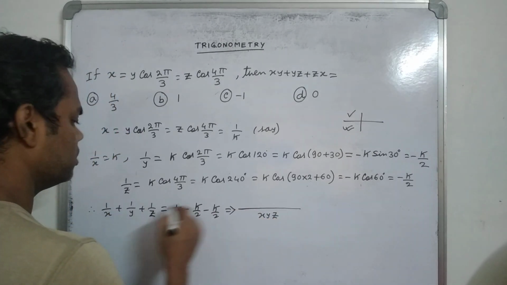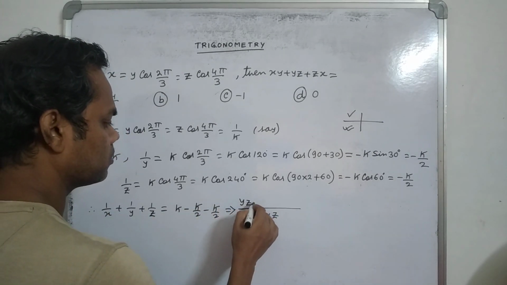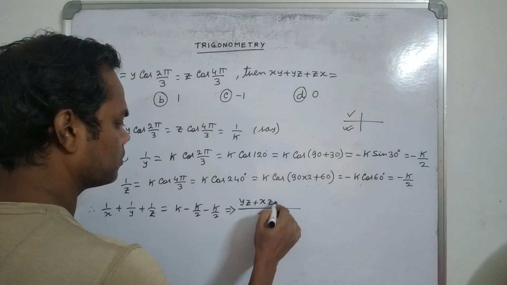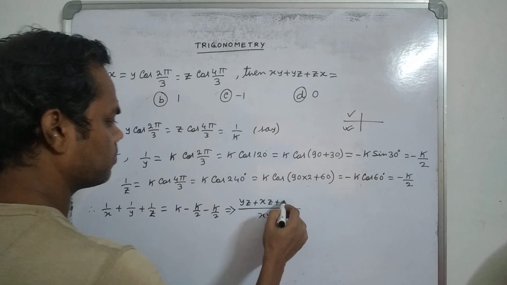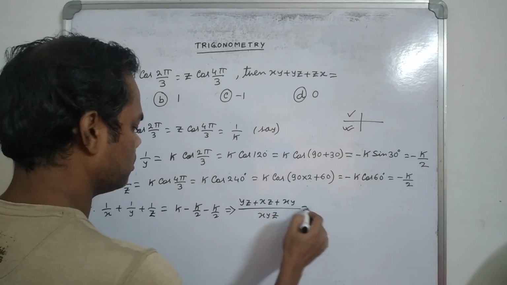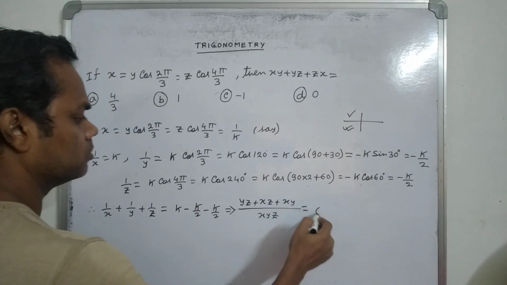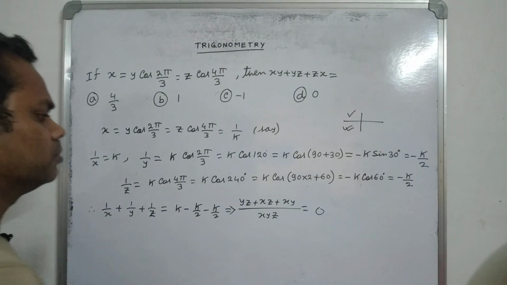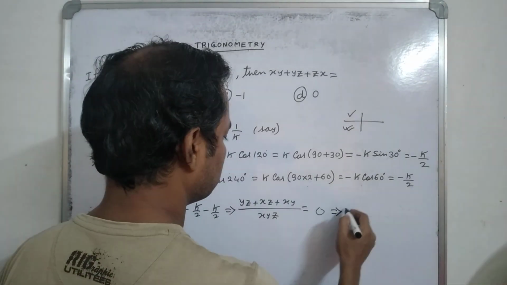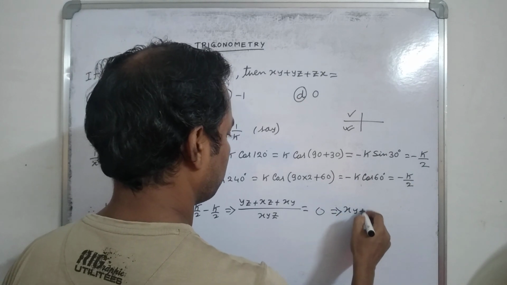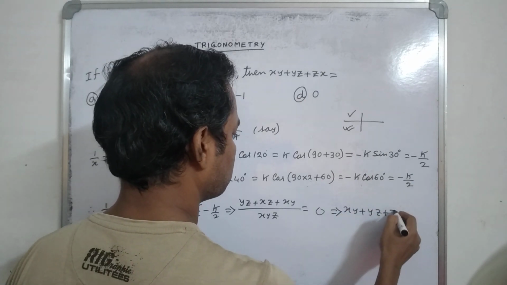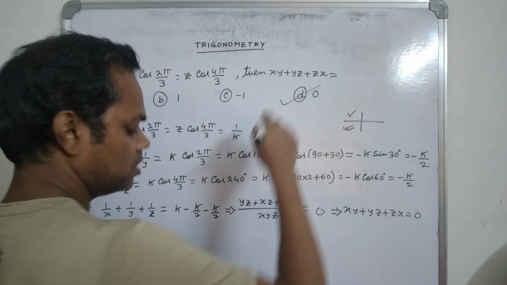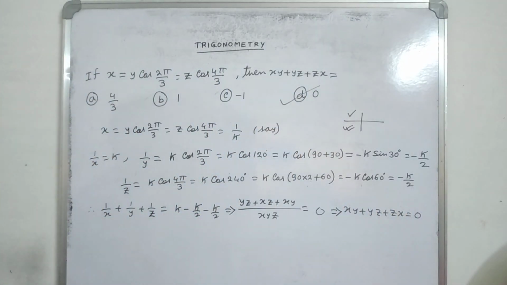In the numerator, this one is yz, this is xz plus xy, which is equal to 0, because k by 2 plus k by 2 is k, so k minus k is 0. So the sum of these three, xy plus yz plus zx, is equal to 0. So option D is the right answer of this sum.